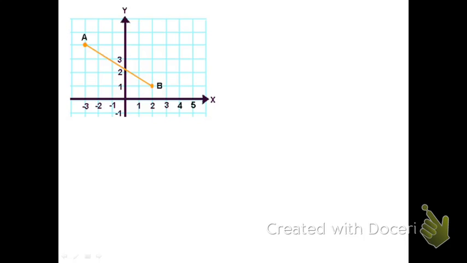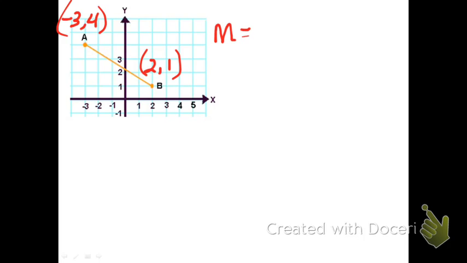All right, so here's another one. Let's find the midpoint here. Let's put our coordinates in. So on the left point, point A has coordinates -3, +4. And B has coordinates 2, +1.